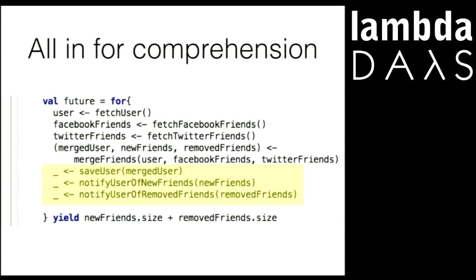Now one thing to explain here is the underscores. So save user, notify, and both notifies, they don't produce any values. They are just side effecting. So this is a way of telling for comprehension that we ignore the value of the container on the right. So that's why there are underscores there.